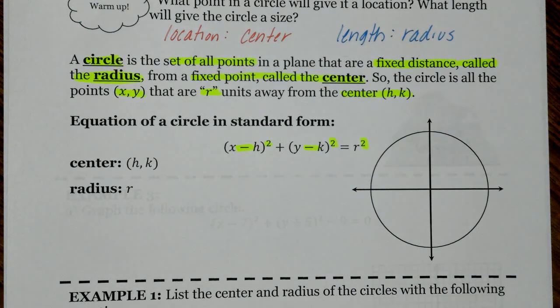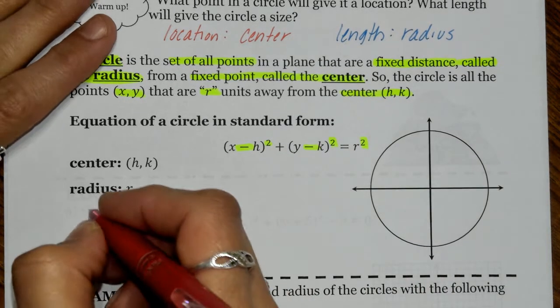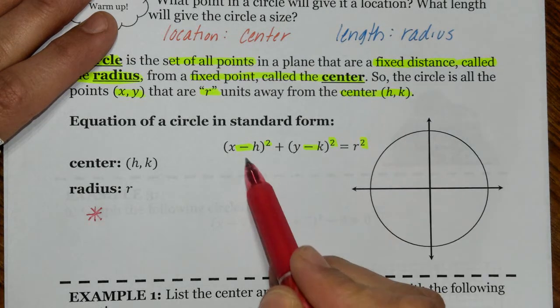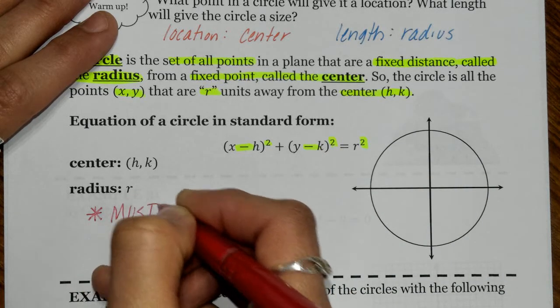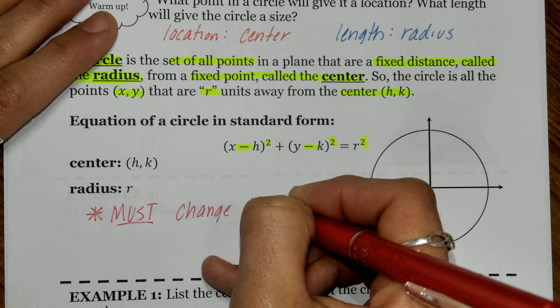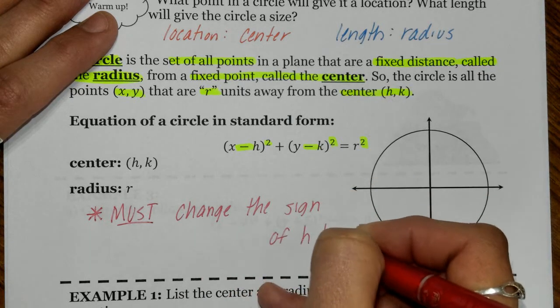So when I was talking about these minus h and minus k's, big thing that you have to remember here, very, very important. You must change the sign of h and k because of these subtractions. So let's write in here, must change the sign of h and k.